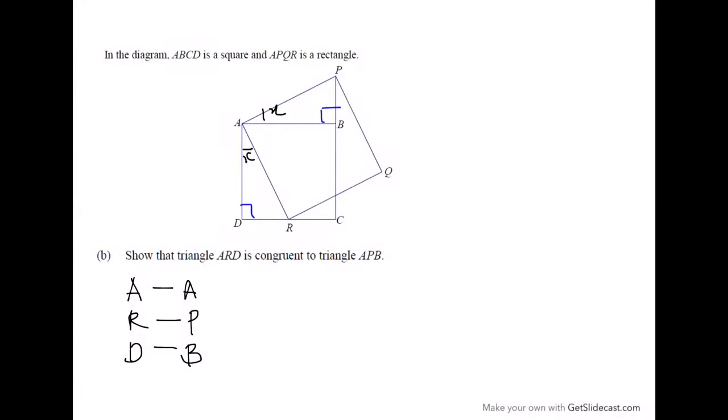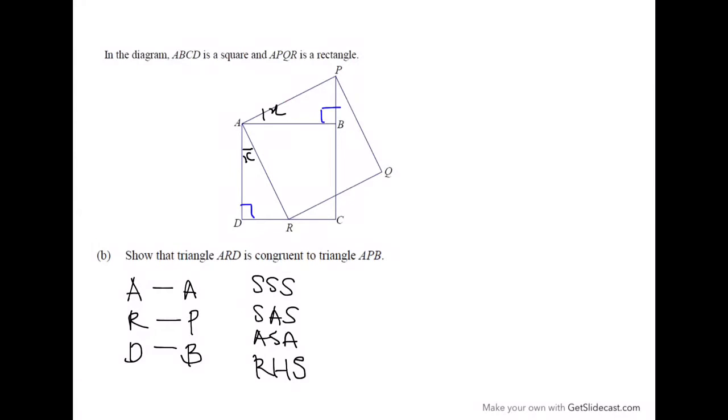Now that we have one angle, let's take a look at the properties that we have: SSS, SAS, ASA, and the last one, RHS. Since we have a right-angled triangle, can we use RHS?